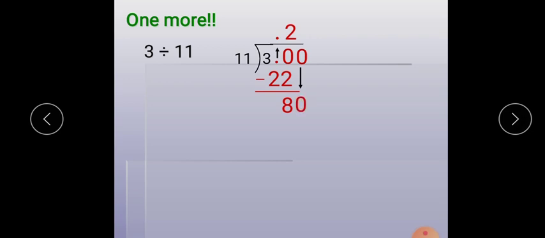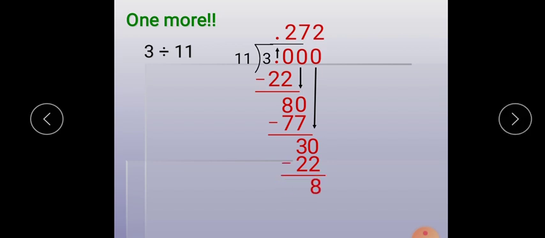Now 11 times 7 is 77. 80 minus 77 gives us 3. We append one 0. 11 times 2 is 22. So 30 minus 22 gives us 8.